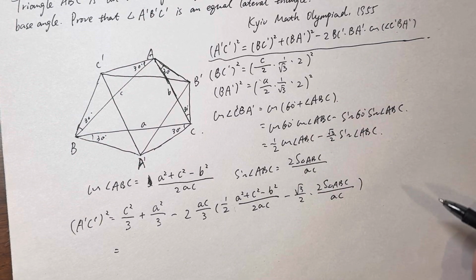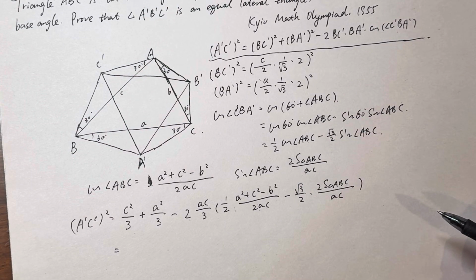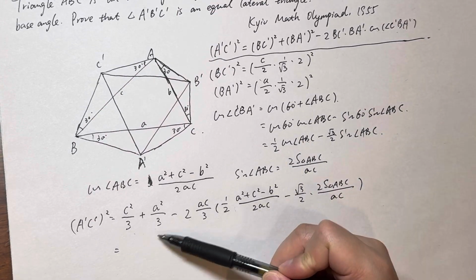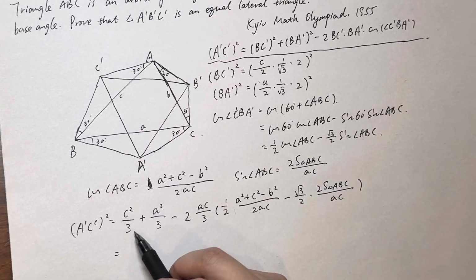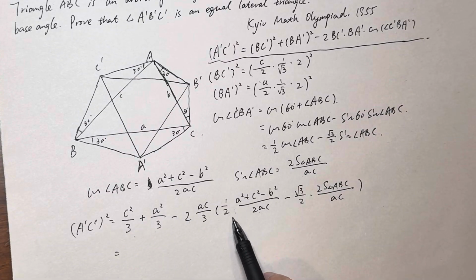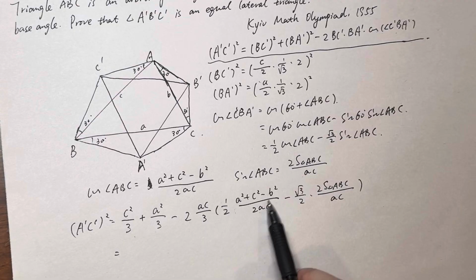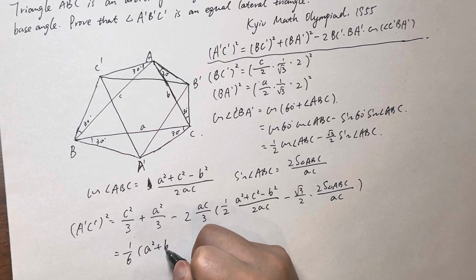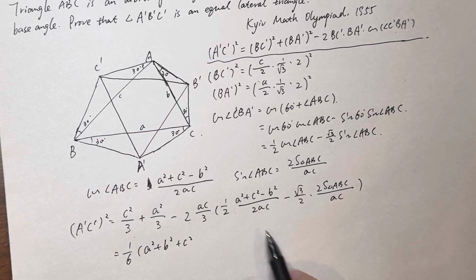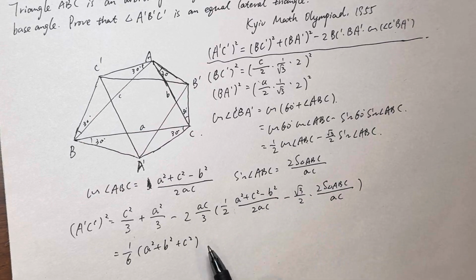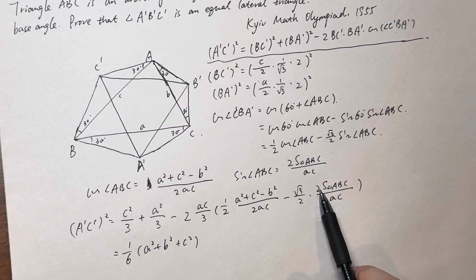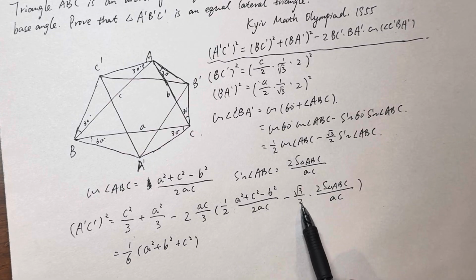And here we have 1/3 minus 1/6, so that's 1/6, and we have 1/6 left for b squared, and it's plus sign, so we got 1/6 times a squared plus b squared plus c squared. That's for the first term, right? And for the second term, we have 2ac. Here we have 2, cancel this 2, right?